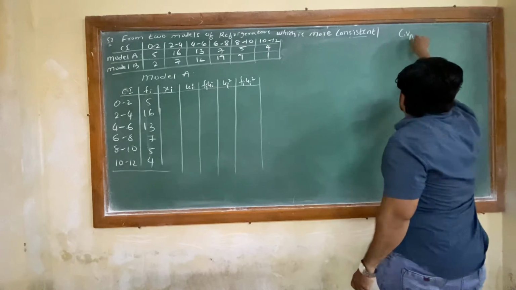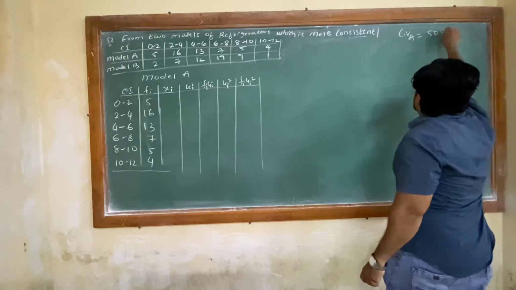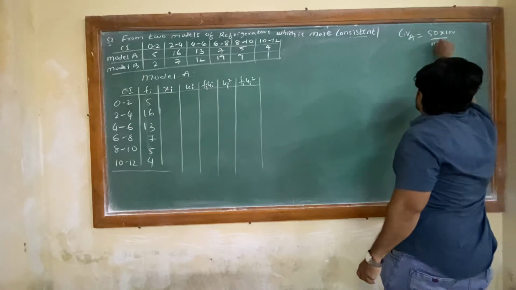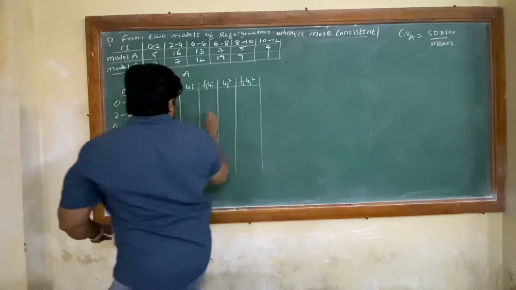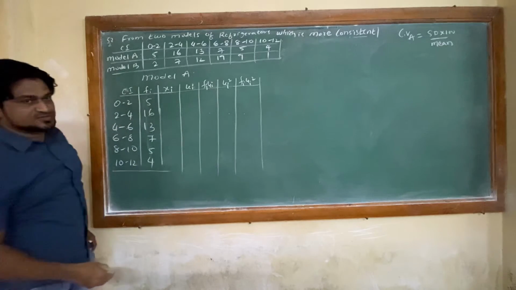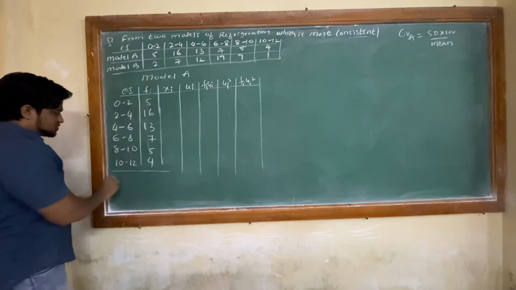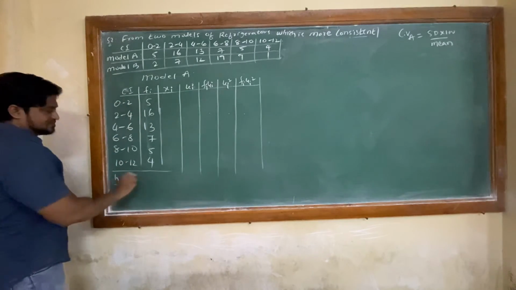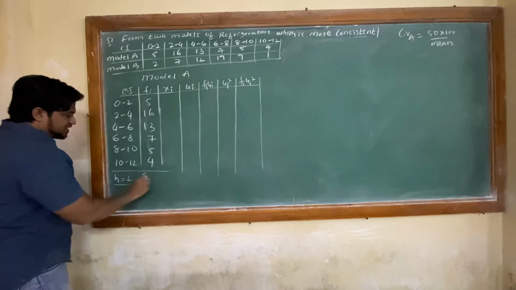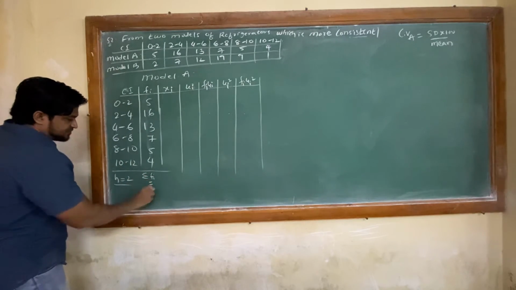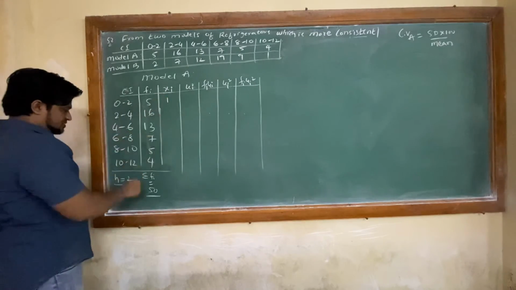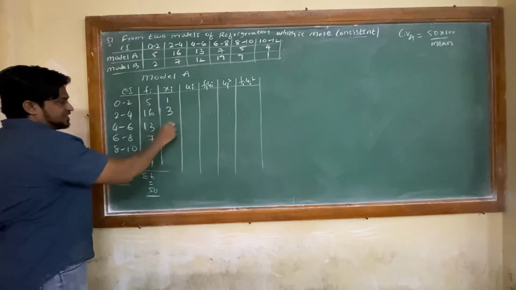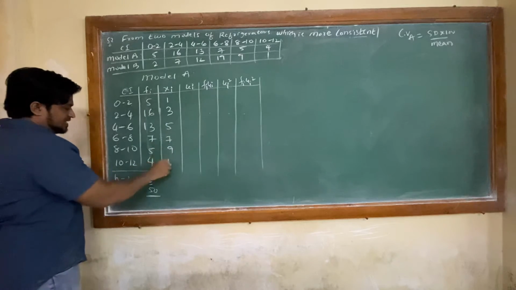The coefficient of variance of model A is standard deviation into 100 divided by mean. For that we have mean columns here, then standard deviation columns. Xi is the mid value, and H is the difference between them. Then summation Fi is 50. Mid values: 0 plus 2 by 2 is 1, then 3, 5, 7, 9, 11.